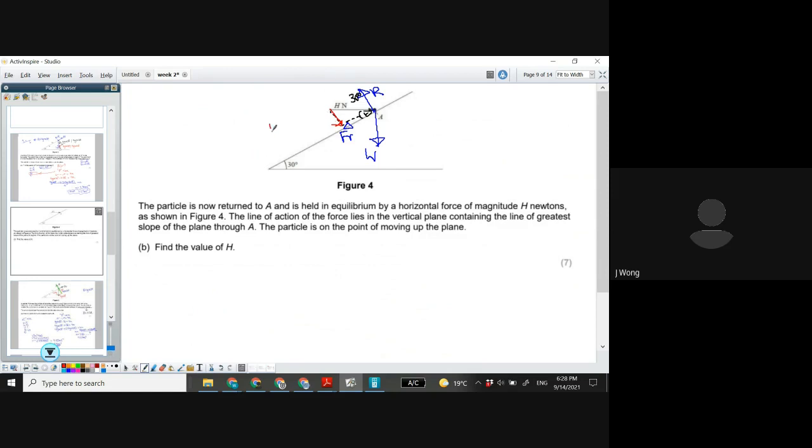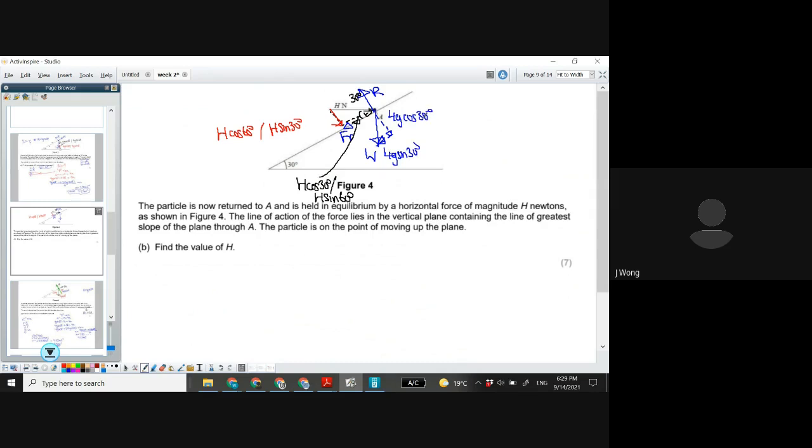This is H sine 30 degrees, or equivalently H cos 60 degrees, if you decide to use this angle instead, which will be 60. The parallel component is going to be either H cos 30 degrees or H sine 60 degrees, depending on which angle you have used. For the weight components, I'm not going to repeat myself: 4g sine 30 degrees and 4g cos 30 degrees.